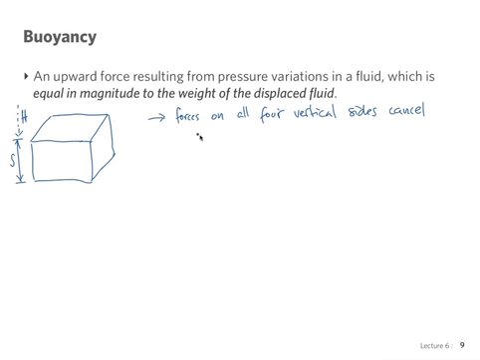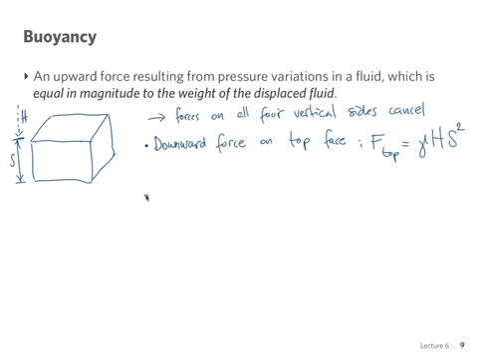So we have a downwards force on the top face, which, let's call it F top, is equal to gamma h s squared. h is the depth of that top face.